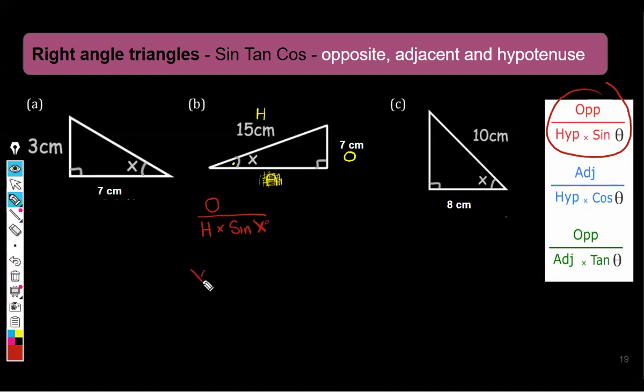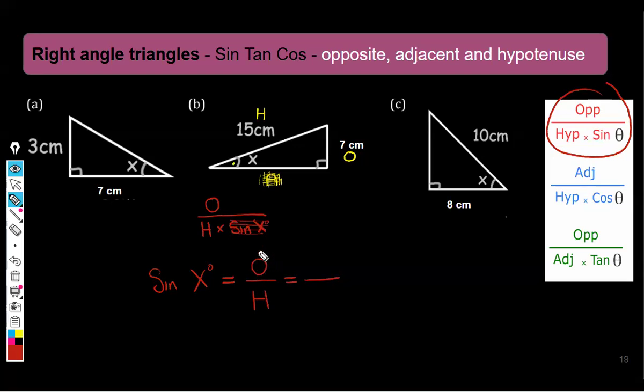We just can't write x because the x is connected to the sine, so we put sine x. Scratch off the sine x. What are we left with? Opposite divided by hypotenuse.